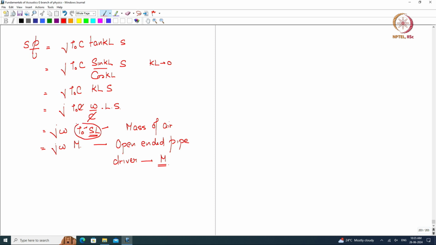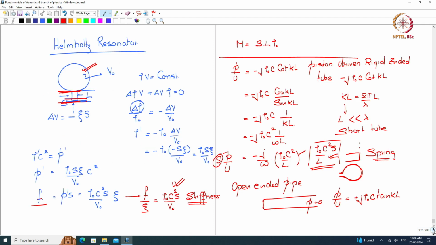So why I did this is that in the case of the Helmholtz resonator, we have a short pipe and a bulb of air. So this short pipe now behaves like a mass because it is open on both ends, and this closed bulb behaves like a spring. Okay, and those values we found.